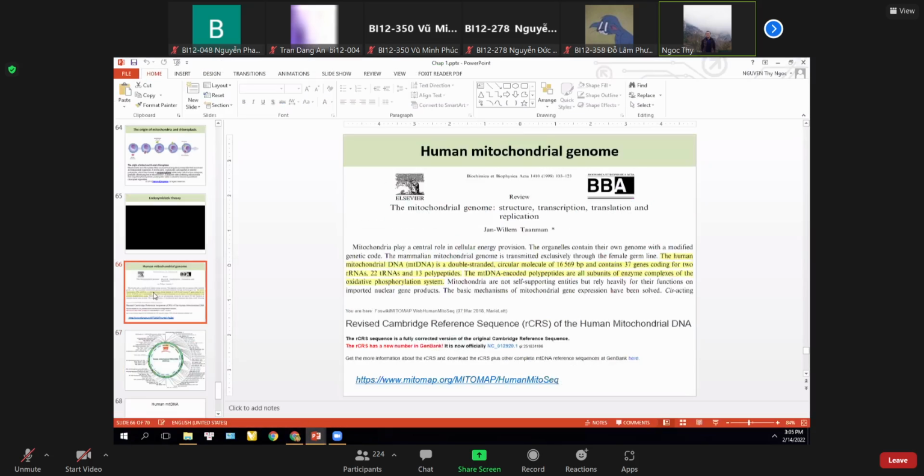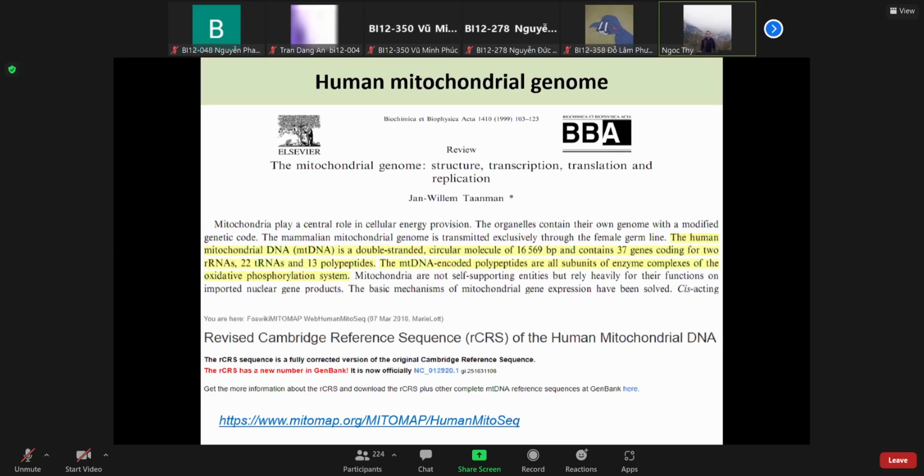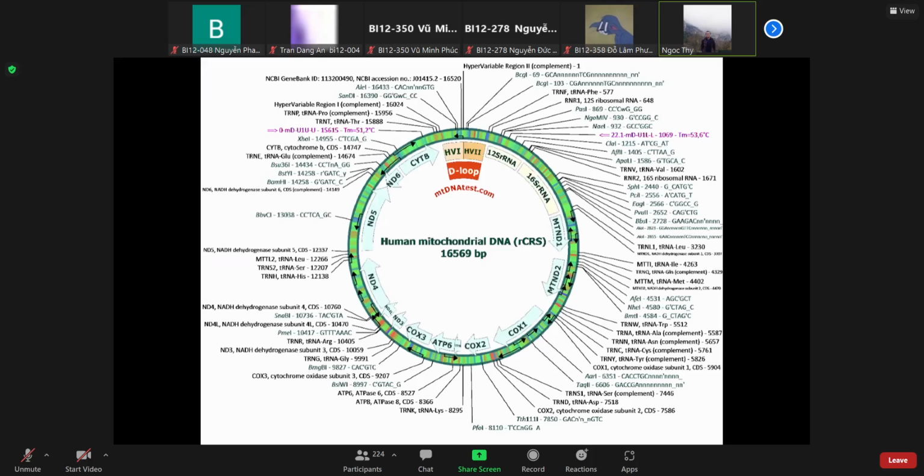Based on the review here, the human mitochondrial genome contains 37 genes, coding for 2 ribosomal subunit RNAs, 22 tRNAs, and 13 polypeptides. This is the map of the human mitochondrial genome.